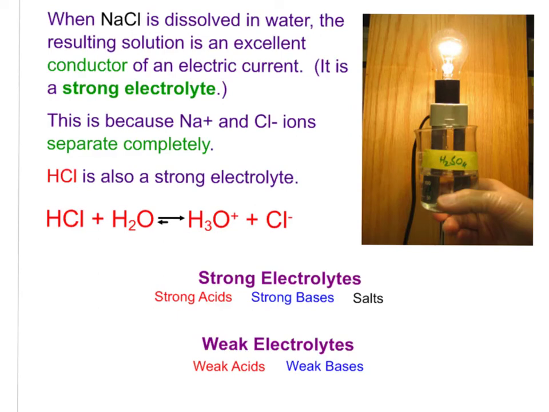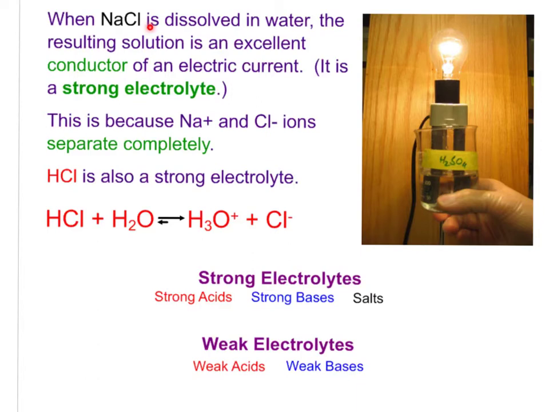So let's take that idea of dissociating in water, and let's look at another angle to that idea. You know that sodium chloride, NaCl, that's table salt, right? It is a salt. When we put that into water, we have an excellent conductor of electricity. Isn't that interesting?